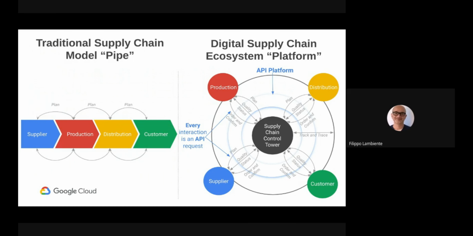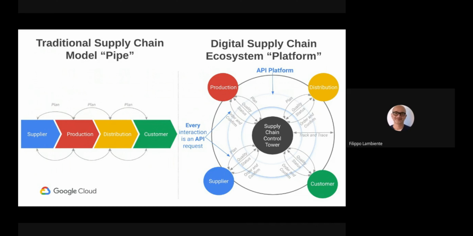Imagine that with this digital API economy, the traditional supply chain pipeline that was linear in the traditional business is now, thanks to the API platform, more fluid and more seamless, because it provides much more freedom, and it also adapts to new market requests or changes.